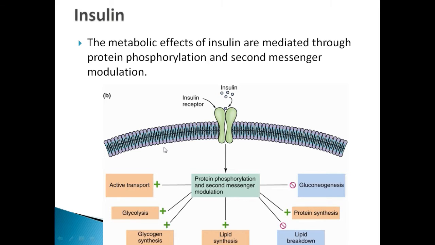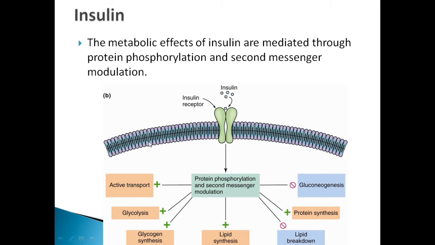So remember what insulin's job is. Insulin has to tell the cell to take care of this excess glucose that's in the blood. Insulin is a signal response to increased blood sugar, and it has to help clear this increased blood sugar. So it does everything that it can to help clear this high blood glucose level. The first thing it does is increase the active transport.